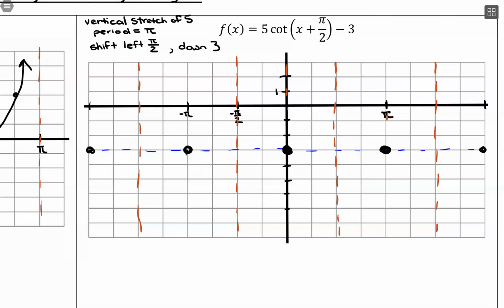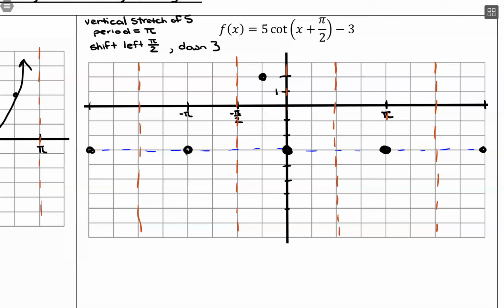All right. Now with cotangent, usually, let me focus on this point here, if we're to the left 1, we would be up 1. So that would be our positive 1 value that we would be graphing. But instead of this distance of 1, we're going to stretch that to 5. And we go 1, 2, 3, 4, 5.